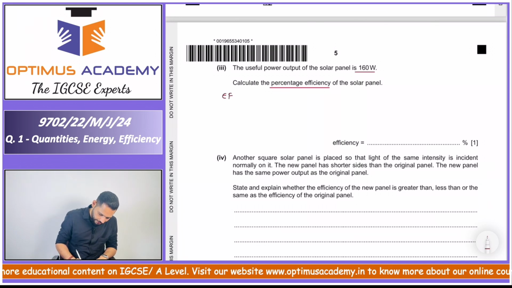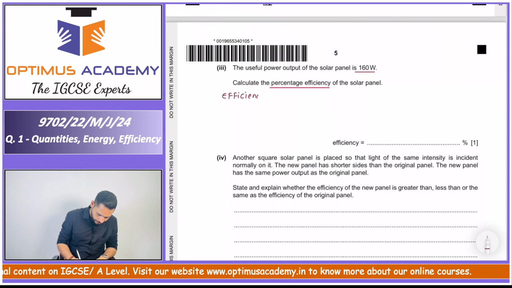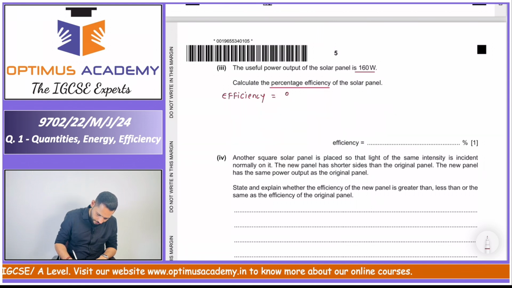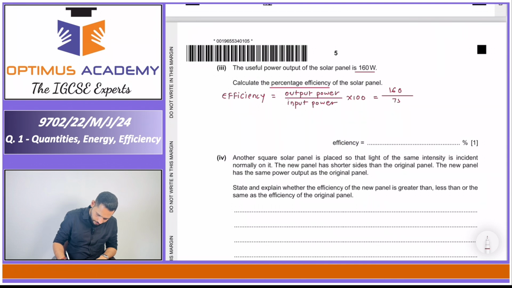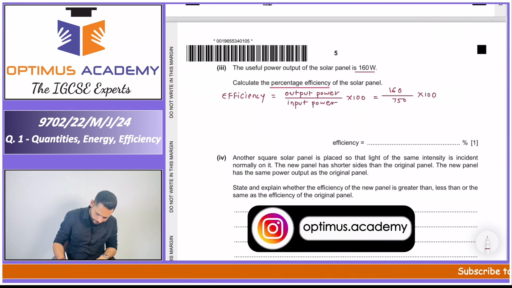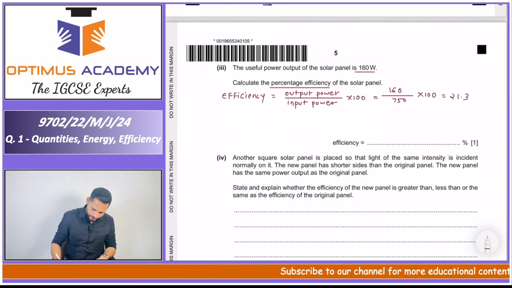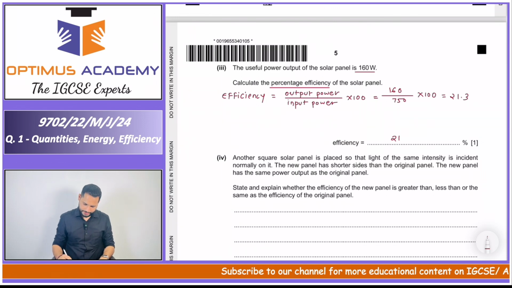So we can write it as efficiency is equal to output power upon input power into 100. So it is 160 upon 750 into 100. The answer is 21.3. We will write it as 21%.